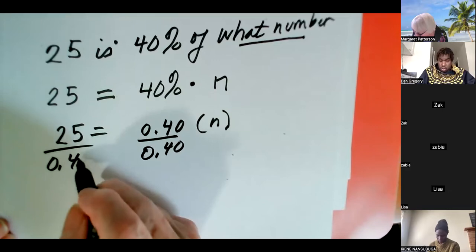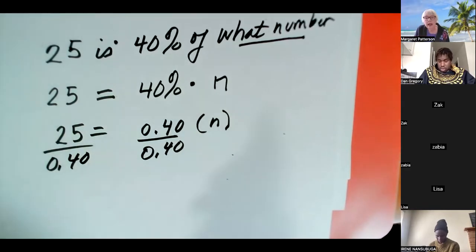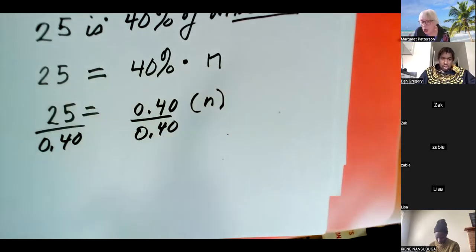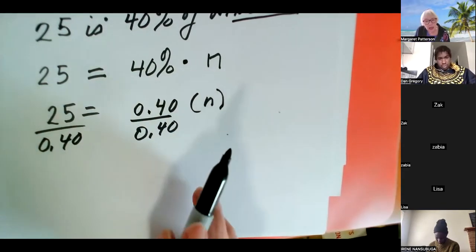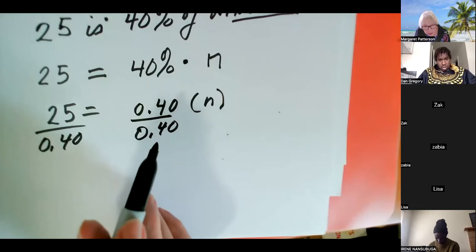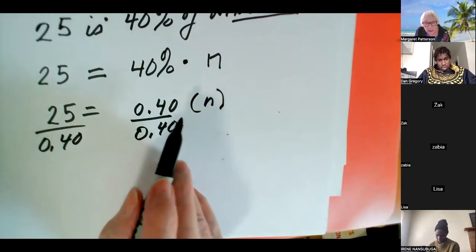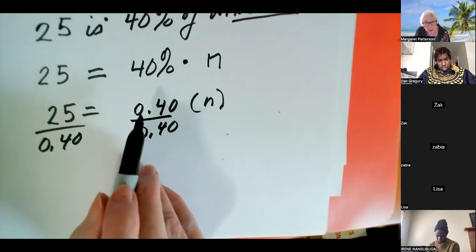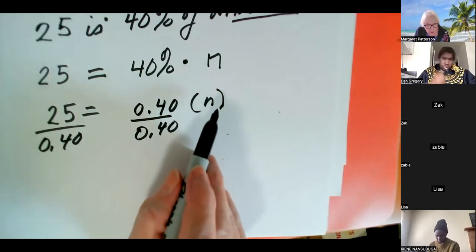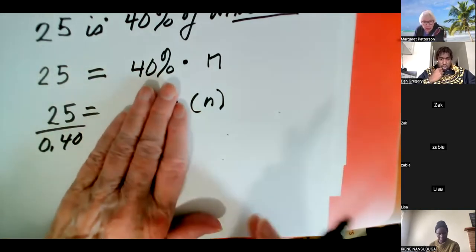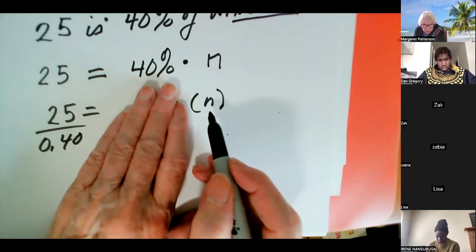You said the side with the variable is always the side that we do the division by. Correct. Because we're sneaking ourselves into algebra. And you have no interest in what 0.40 times n is. No interest at all. What you want is what does n equal?